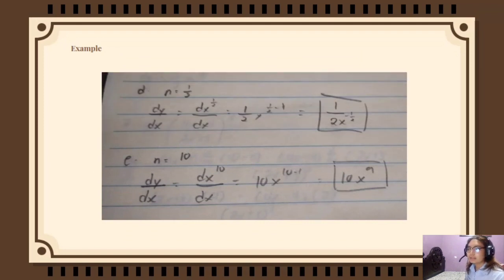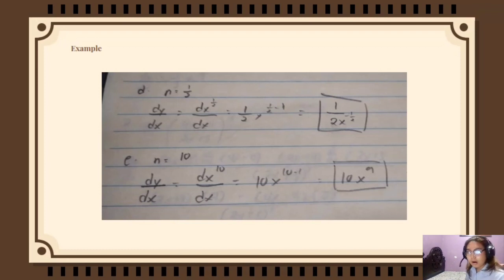What if our n is 1/2? Let's try it. The derivative of y over the derivative of x is equal to the derivative of x raised to 1/2 over the derivative of x. We take the 1/2 times x, then 1/2 minus 1. What is 1/2 minus 1?